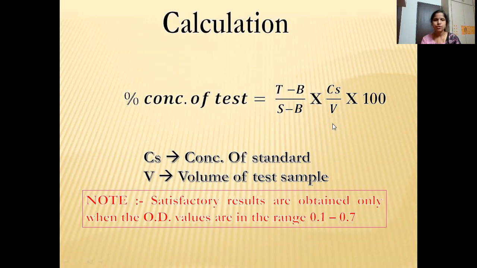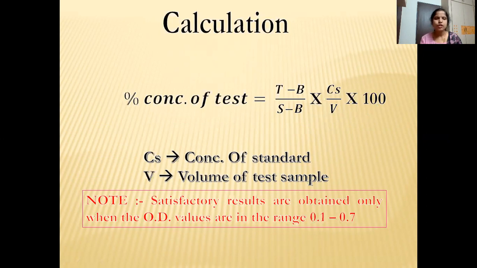CS stands for the concentration of the standard solution, and V for the volume of the test sample. Whatever volume of the test sample we have taken, we substitute that value here, V, into 100. By substituting all the absorbance and concentration values of the standard sample in this formula, we can calculate the percentage concentration of the test solution, that is the sample solution.